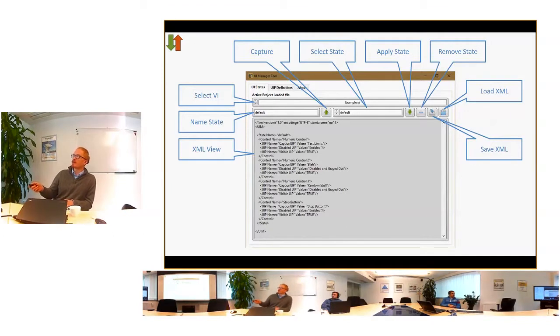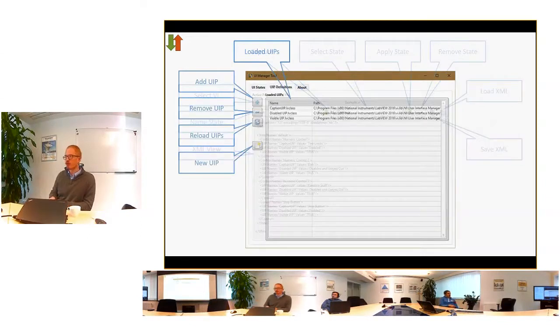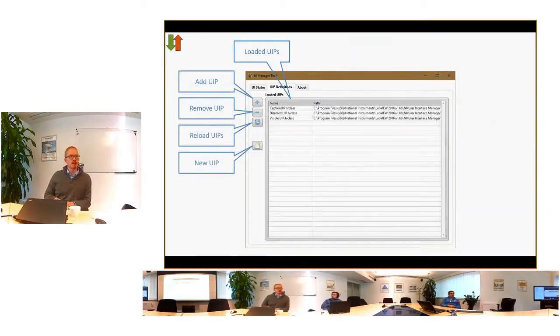Here you can add a user interface property, you can remove it, you can reload the default ones, because there are like 4 default ones, and they are available in the LabVIEW folder in Program Files. So you can reload the default ones. You can also add your own plugins to that default folder. So all of them are loaded from a specific location. So you can just add them there.